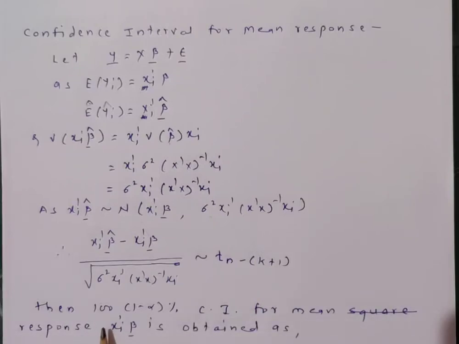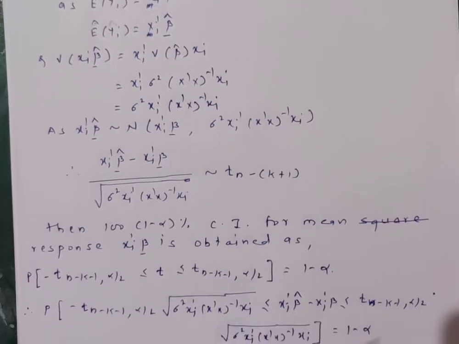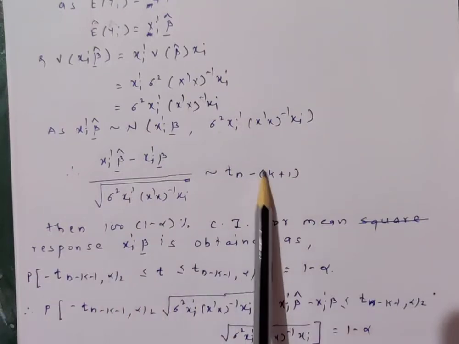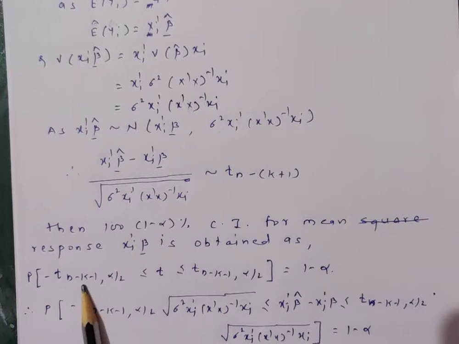Then the 1 minus alpha confidence interval for the mean response xi prime beta is obtained as the probability that t lies between this quantity: minus t n minus k minus 1, alpha by 2, up to t n minus k minus 1, alpha by 2.